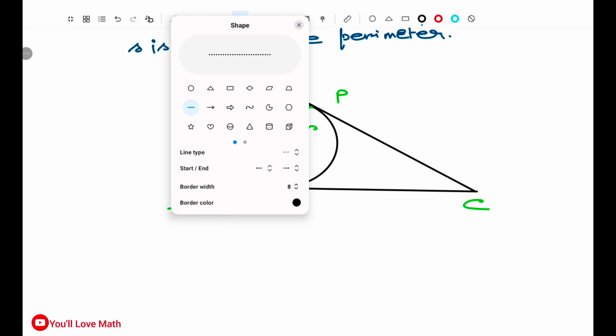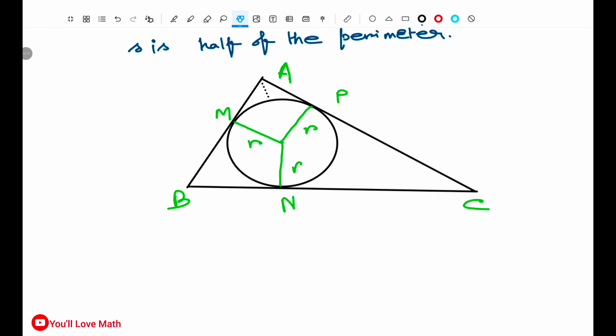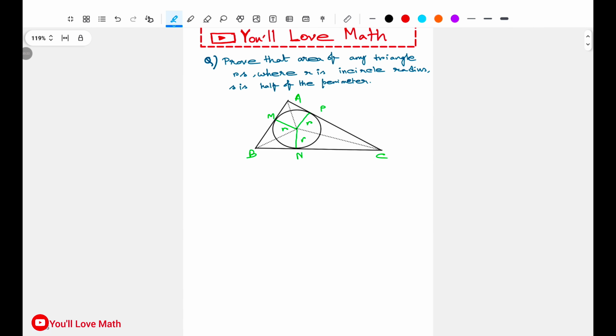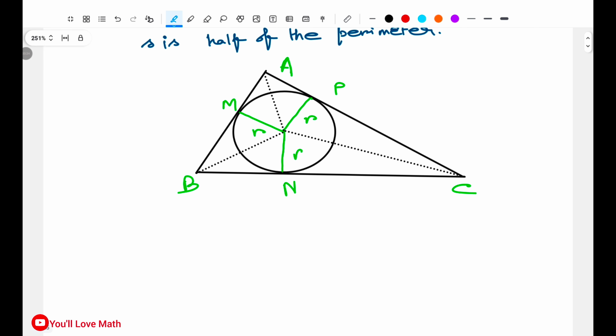Let the center point be O, so join AO, and so on. This is O.